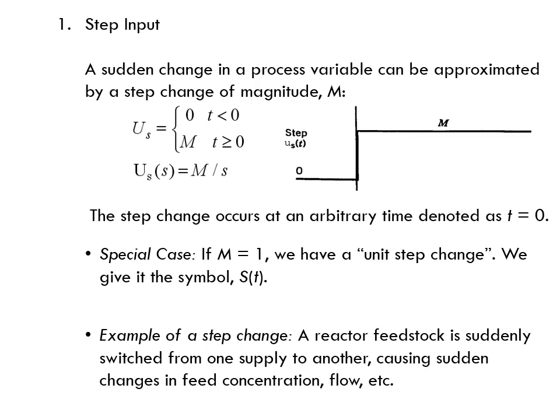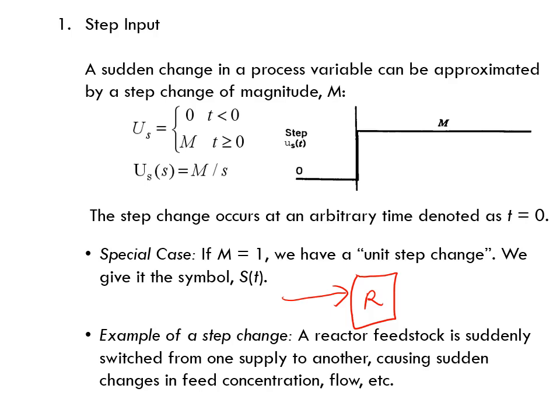Now we look at the most common input change, which is the step input. An example of a step input change is, for example, there is a reactor in your plant. This is the reactor. There is some disruption on the feedstock, which is the flow into the reactor.